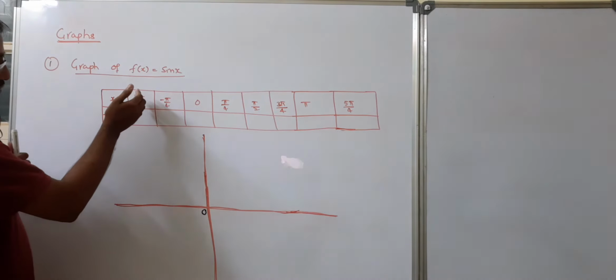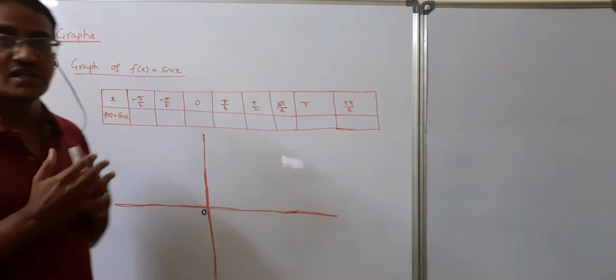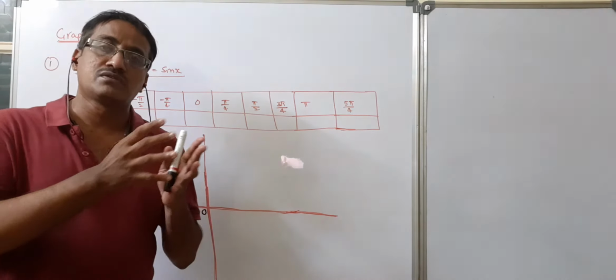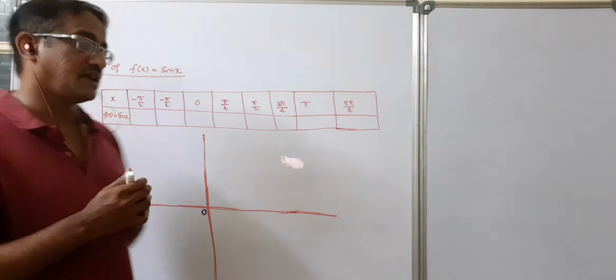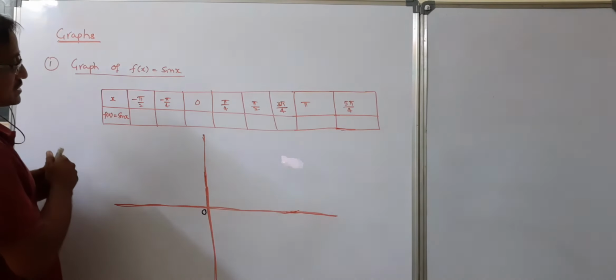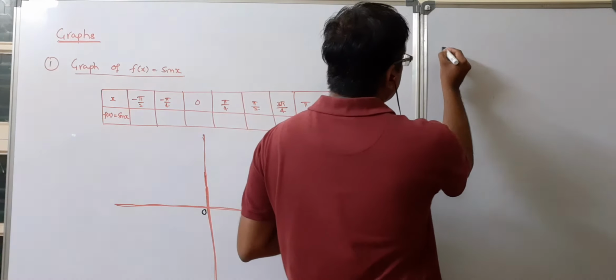So first of all you need to find the corresponding values of the function. That means you need to substitute the value of x, and then you will get the value of y is equal to sin x. I will give you some of the formulas also.